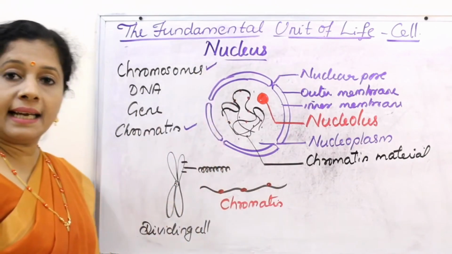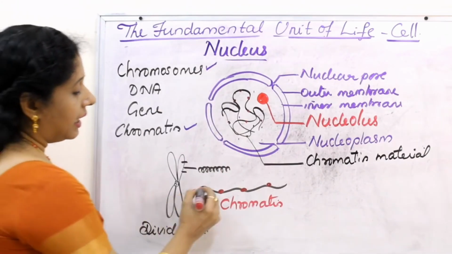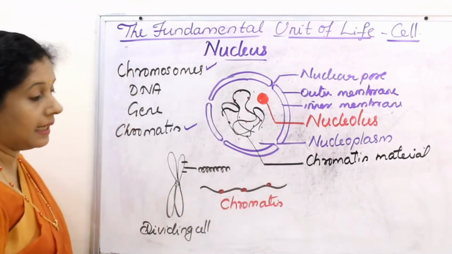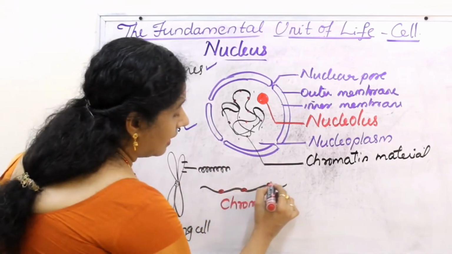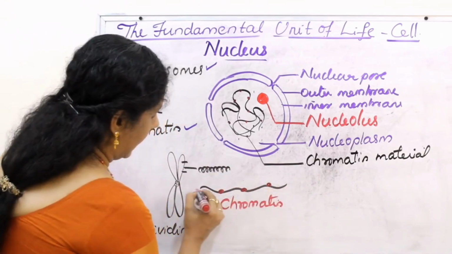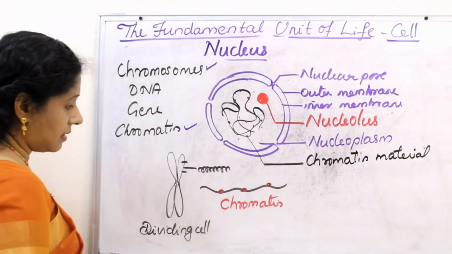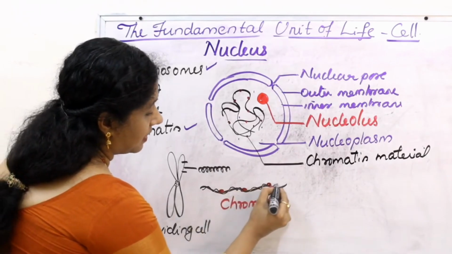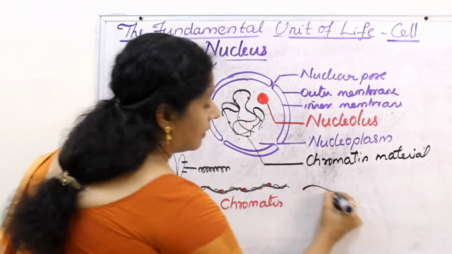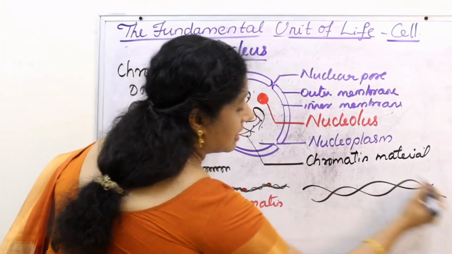Now what about DNA and gene? So here, if you look at this chromatin in detail, this chromatin is made up of two things. This black color, this thread-like structure is actually having a shape like this in the form of a double helix. It's like this. Okay. So if you draw it enlarged, it is like this.